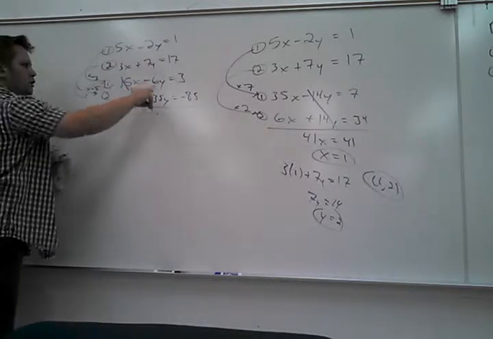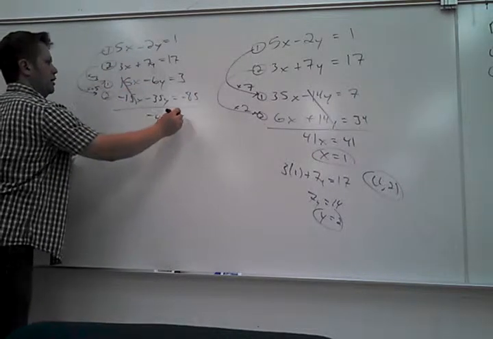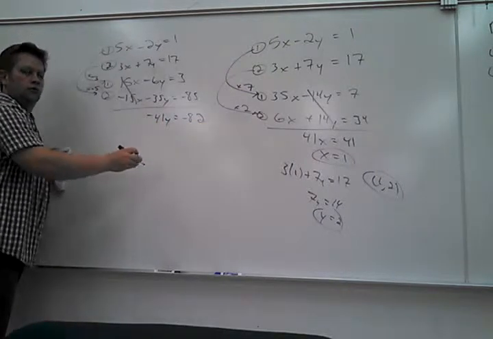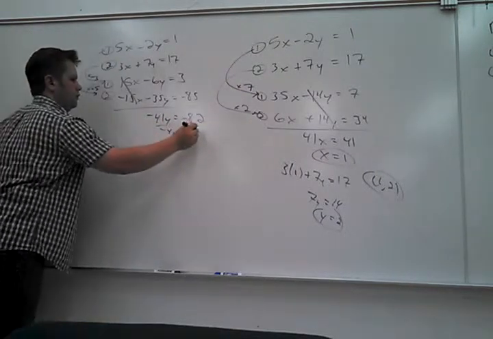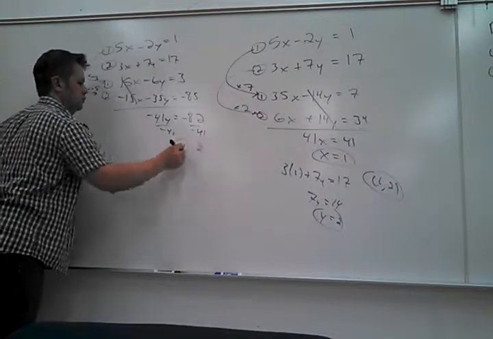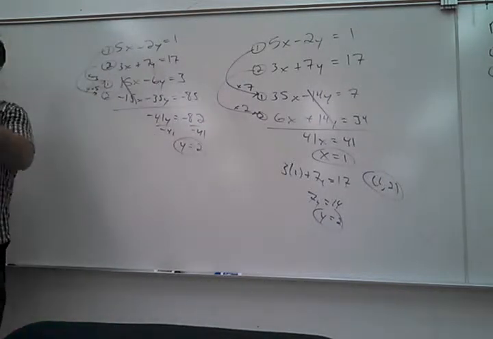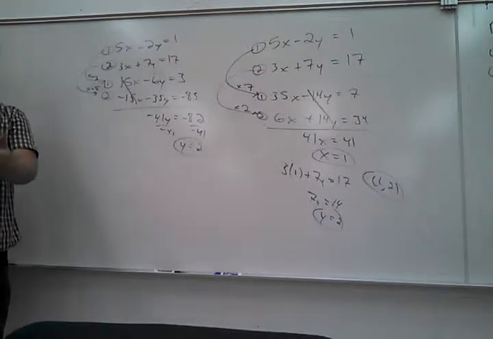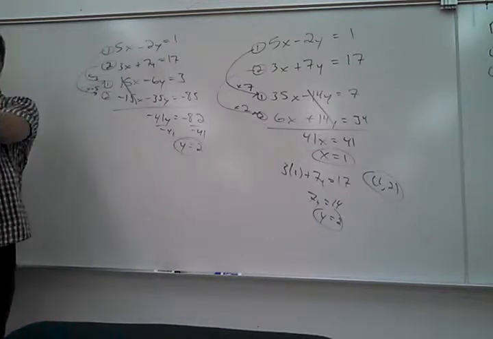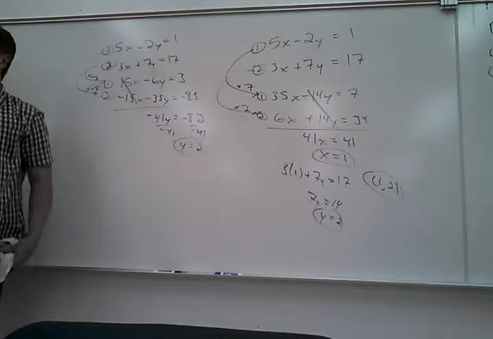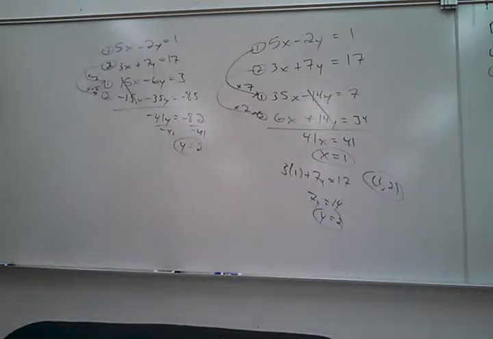So then your x's go away. You get negative 41y equals negative 82, and thank God 41 goes into 82, so you get y equals 2. Of course when you plug it back in, you're going to get x equals 1. So it doesn't matter which variable you get first, because that's going to get you the other variable that you need.